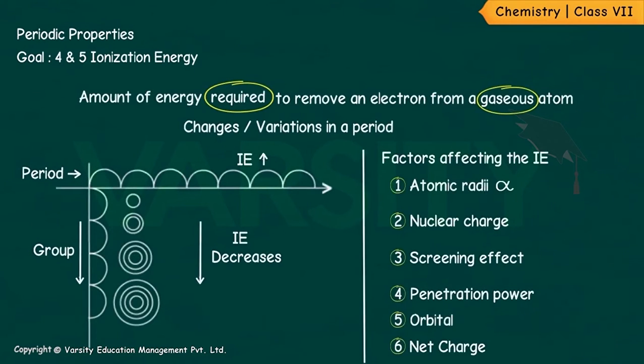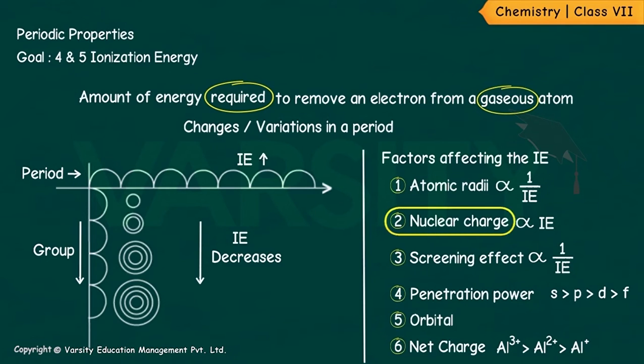When we see atomic radii, it decreases when we move across a period. Then ionization energy increases. The smaller the size of the atom, the greater the ionization energy required, because when the size is small, the valence electrons are closer to the nucleus. Therefore, there is strong attraction between nuclear charge and valence electron.